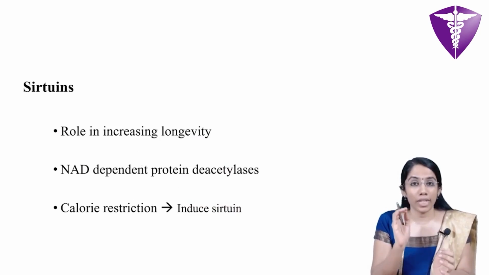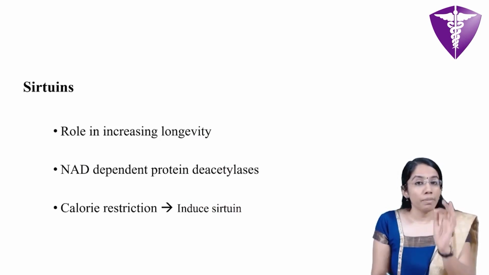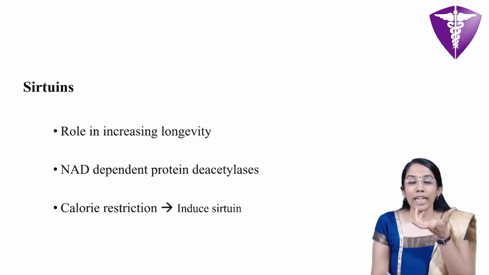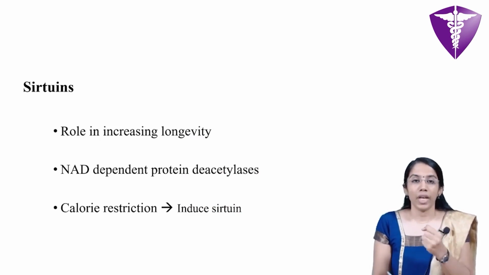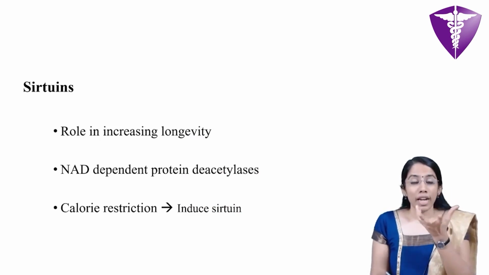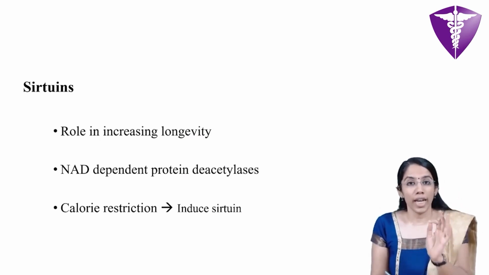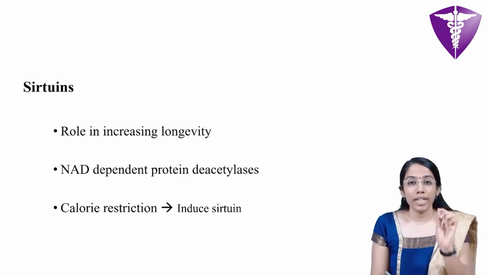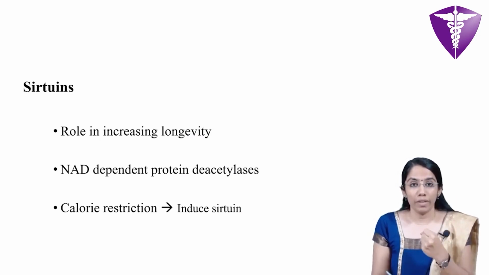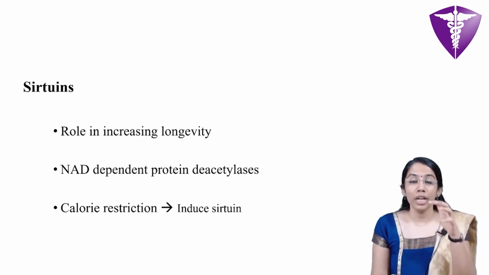A few words about sirtuins. Sirtuins are substances which play a role in increasing longevity. They belong to a family called NAD-dependent protein deacetylases. And certain environmental stresses, such as reducing our calorie intake, calorie restriction, actually promote the formation of sirtuins.